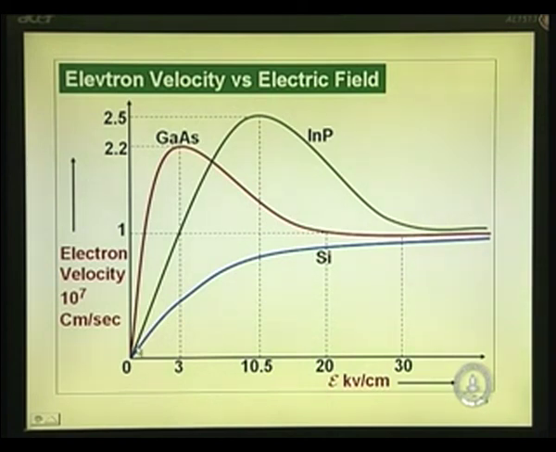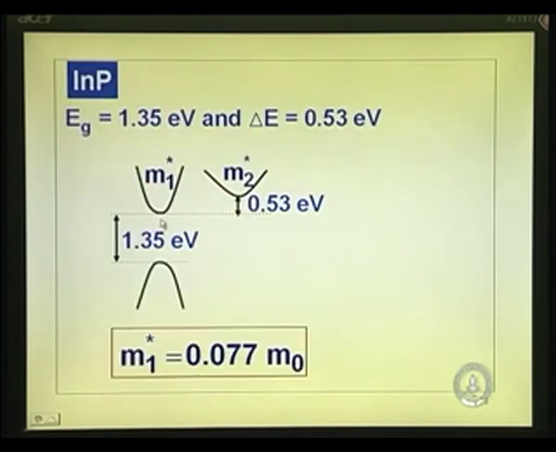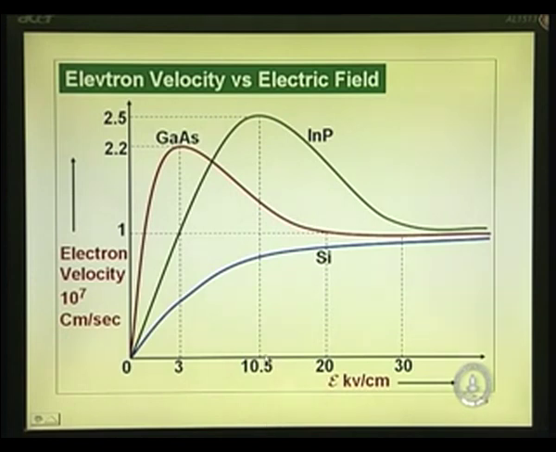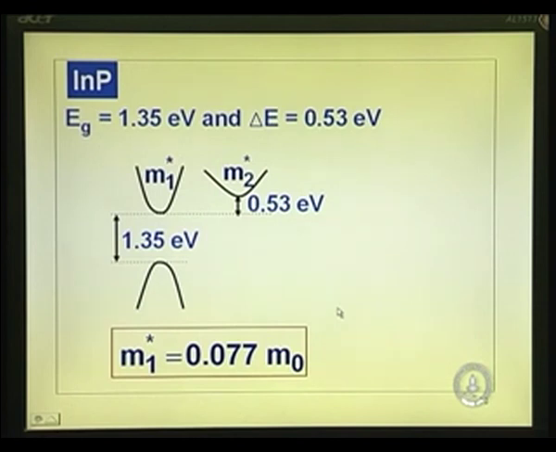So, the transfer of electrons to the upper valley takes place at a much higher energy, that is at a much higher field, 10.5 kV per centimeter, and by the time it has acquired energy, the velocity has gone up beyond that, and it takes much longer to transfer all the electrons to the upper valley. See, to get into this position, almost all the electrons will go into that position.